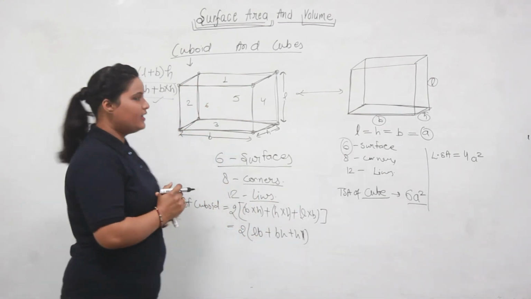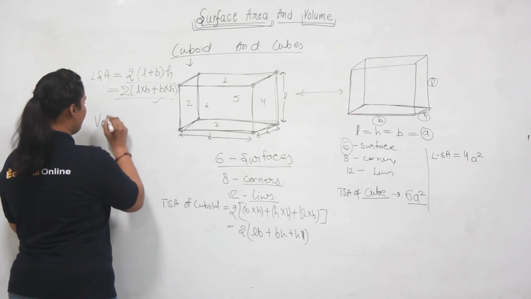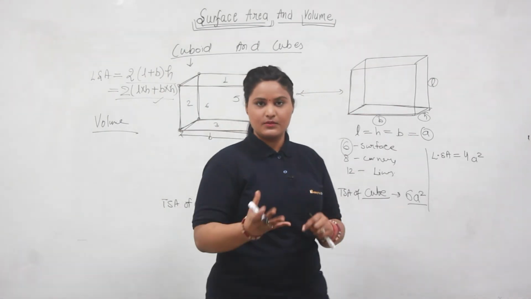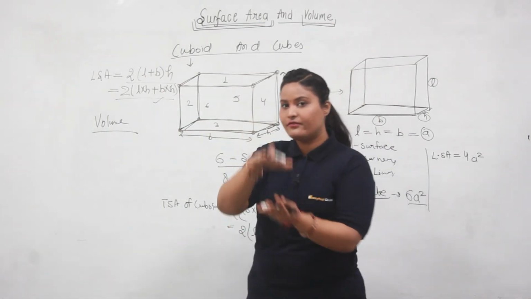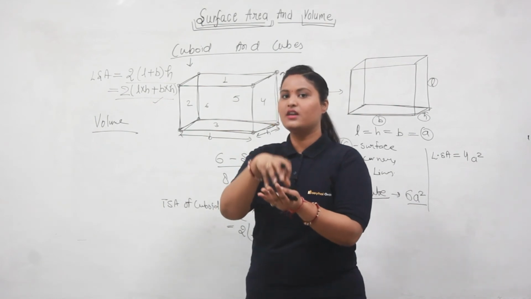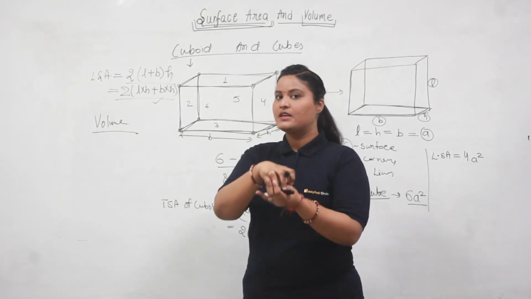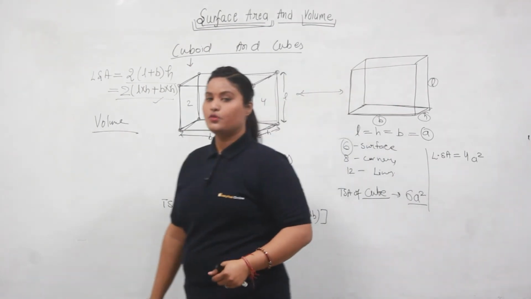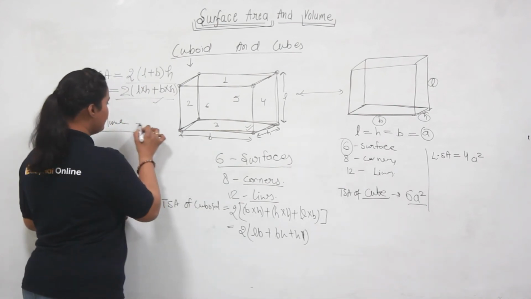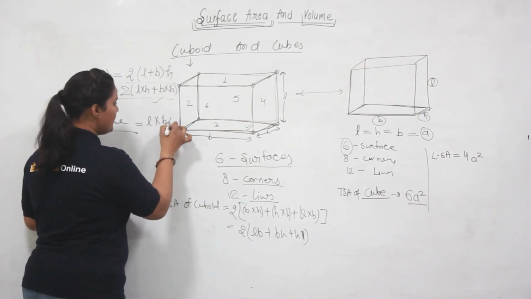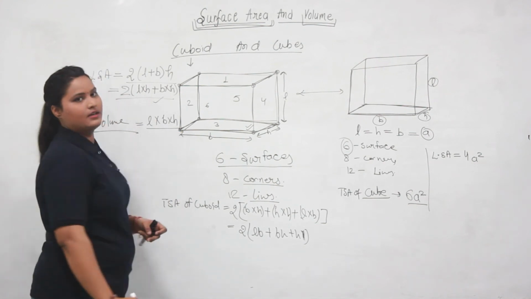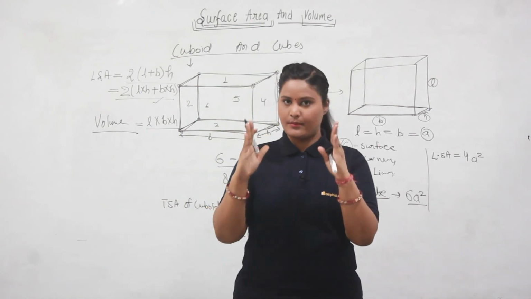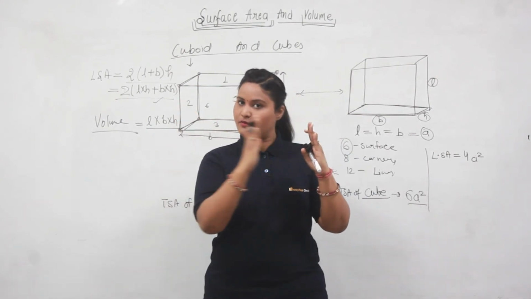Now the last quantity is volume. What is volume? As I have told you, volume is the quantity that can fill the entire space of that particular shape. In the case of a cuboid, the volume will be L into B into H. When I was talking about area, it was L into B for a 2-dimensional figure, meaning that area will be filled.